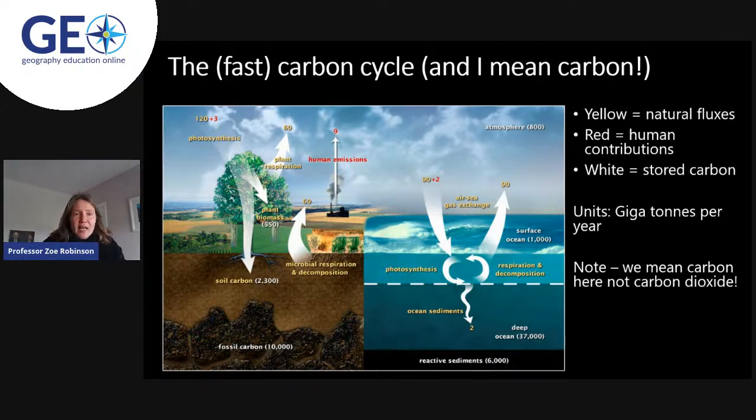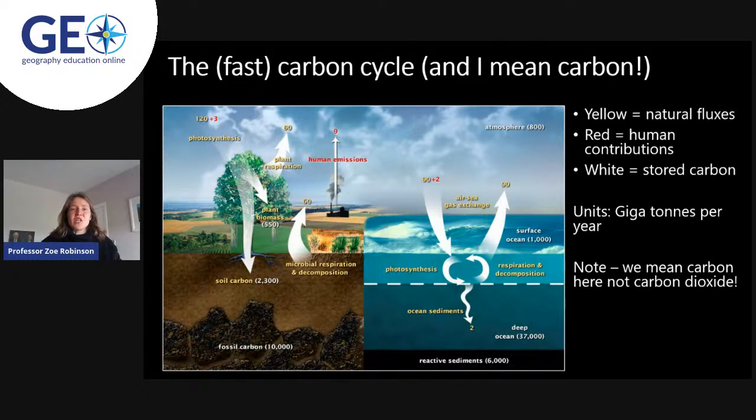Okay, so we have significant storage within soil. We've got significant storage of our fossil carbon, think fossil fuels, because that's our stored carbon there. We've got stored carbon in the deep oceans and in sediments in the oceans. We've got carbon stored in plant biomass, in the surface of the ocean, and in the atmosphere as well.